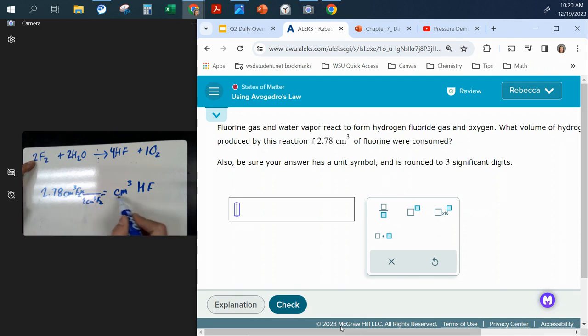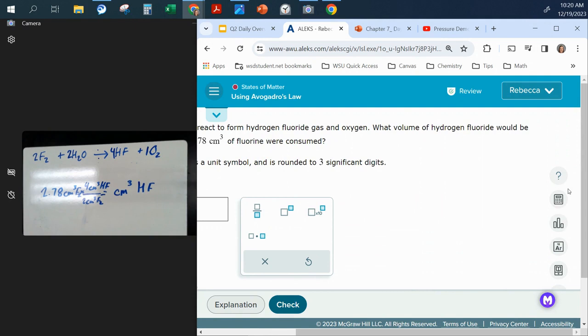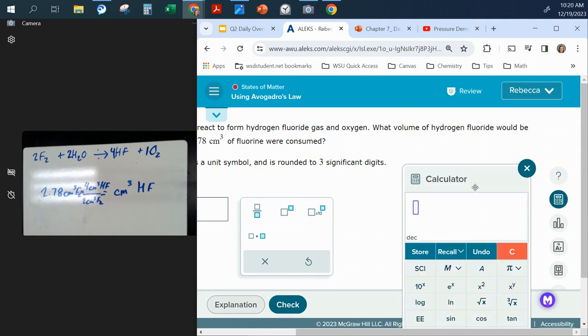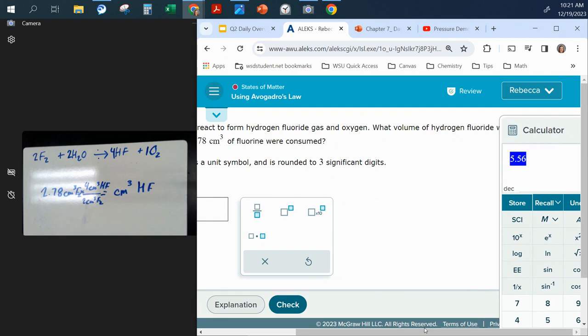I need the coefficient for HF. So 2.78 times 4 divided by 2, or 2.78 times 2, if I simplify that. 5.56 centimeters cubed.